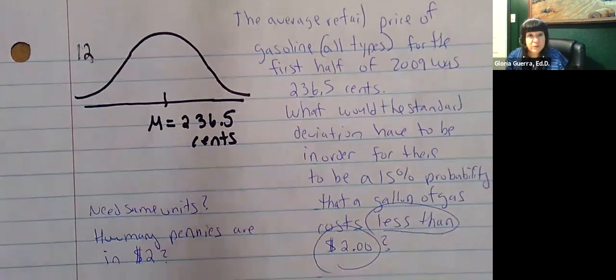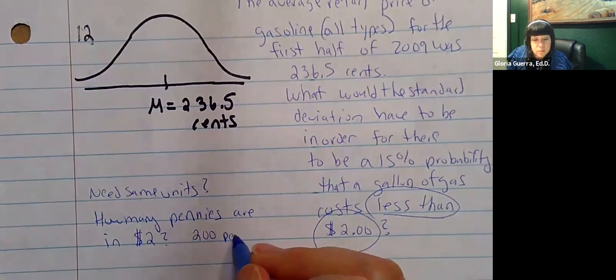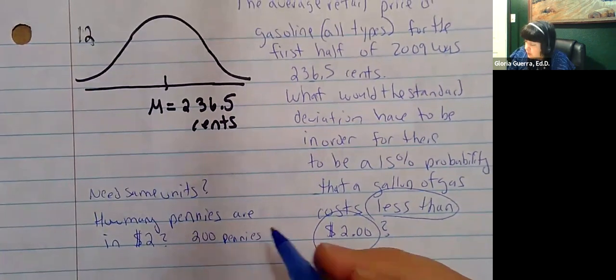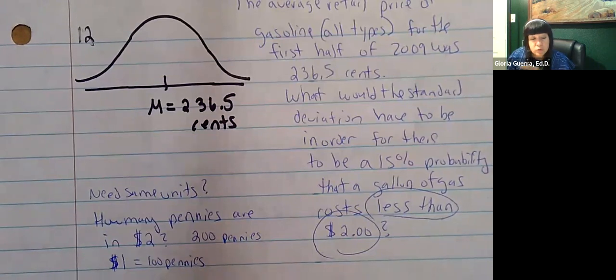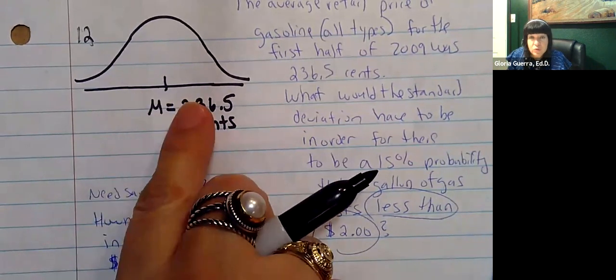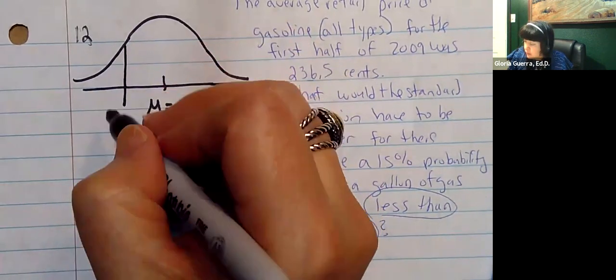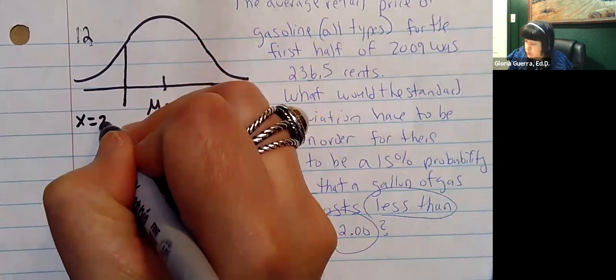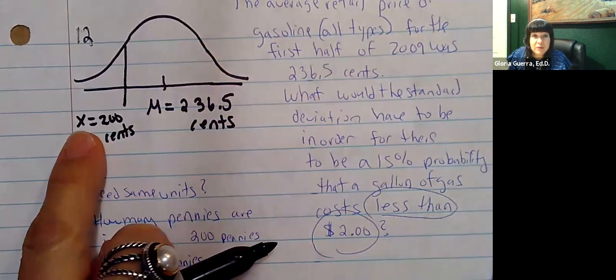You know 100 pennies makes $1, so $2 makes it 200 pennies. And 200 is somewhere on this side. See, this is 236. This is x equals 200, and it's cents. And it's not a z yet, because this is not 0.